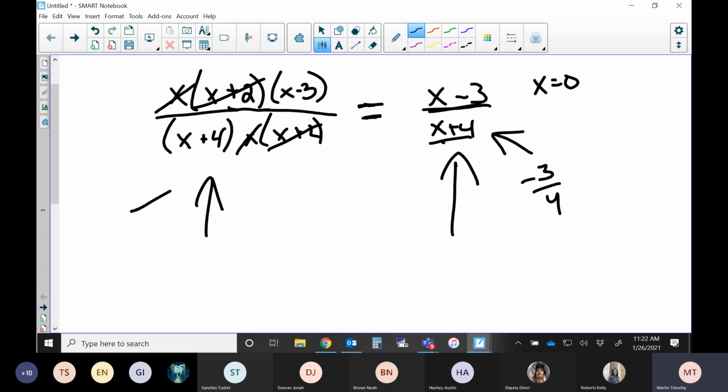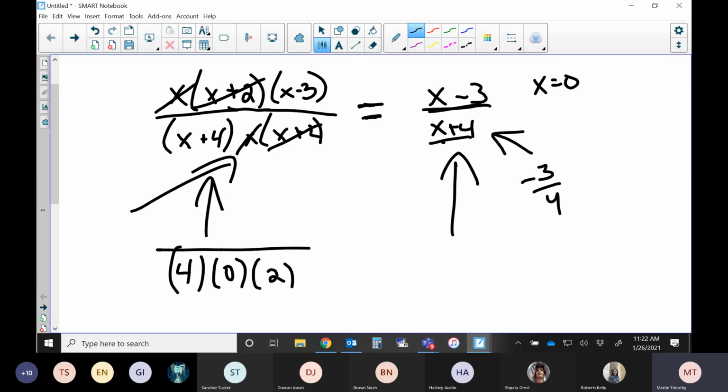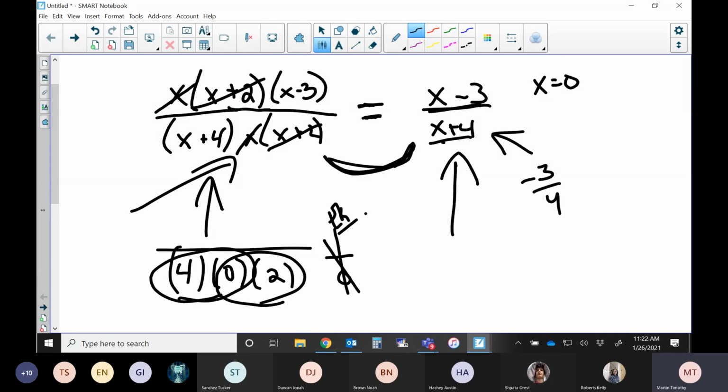But if you plugged 0 into this side, you would get 4 times 0 times 2 in the denominator. And 4 times 0 would go to 0, and then 0 times 2 would go to 0. And so over here, I would have a denominator of 0, which my calculator would say, error, you can't do that. So that means these two things right now are not equivalent.